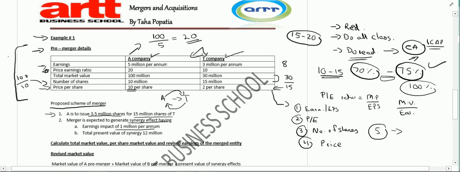Each year's earnings will increase by 1 million for the merged company, not for individual companies, and the total present value of synergies will be 12 million.